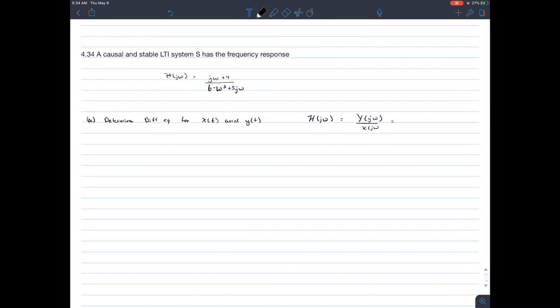Which is then equal to this, where everything in the numerator belongs to x and everything in the denominator belongs to y. Okay? So what you want to do is you're going to move this back to the other side to get your differential equation.